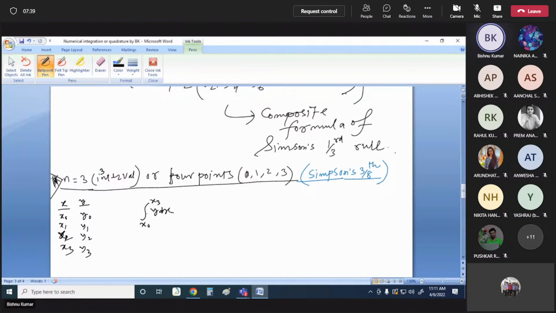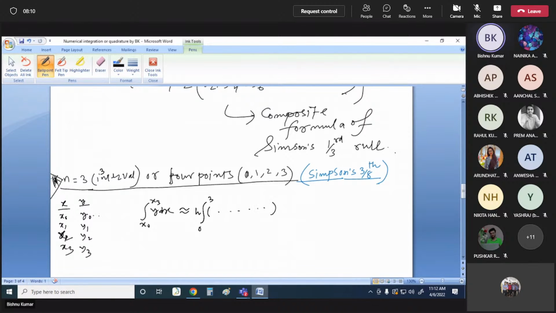In place of y you just put the integrated polynomial, which is transformed by the formula u, where u is (x minus x0) by h. If I put x0 at the initial point, u will be 0, and at x equals x3, I will get u value 3, and dx will be h du.